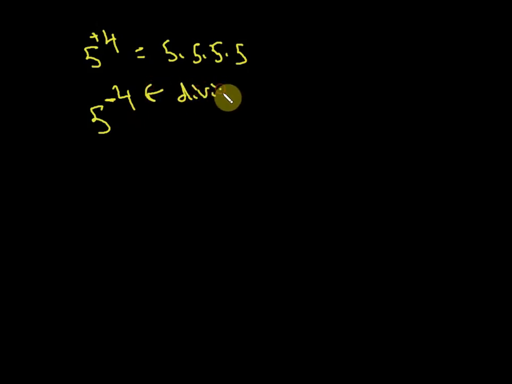dividing by this number 4 times. And in order to get that, we'll have to flip this. So 5 to the negative 4th is actually 1/5 to the 4th power.